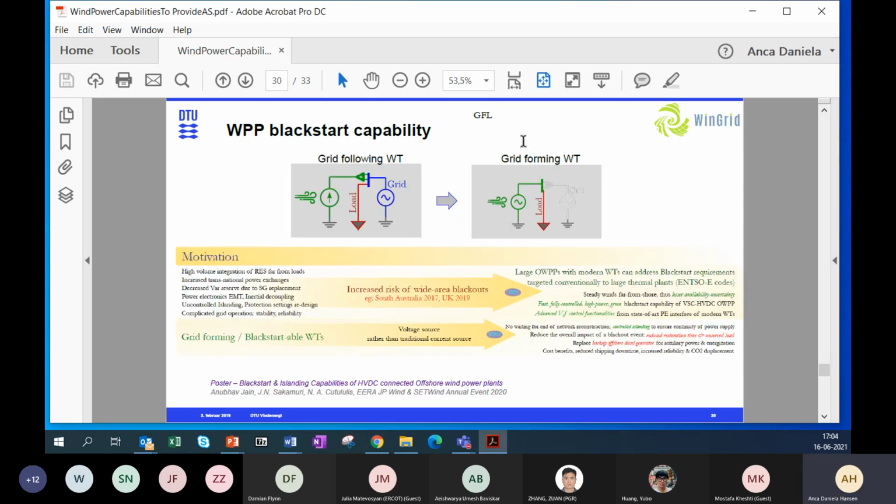How is this done? Here we have different perspectives. We have the TSO perspective, which likes early participation in the power system restoration, and thus reduced restoration time. The TSO likes that wind power plants have these capabilities because they significantly reduce the intensity and duration, the overall impact of blackout events.